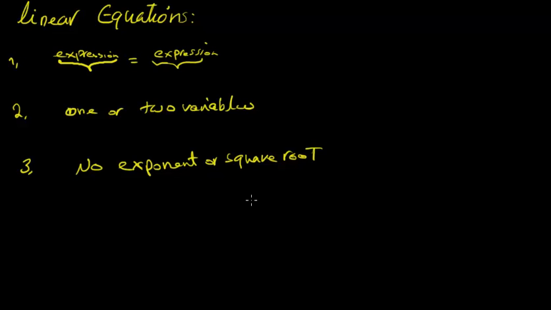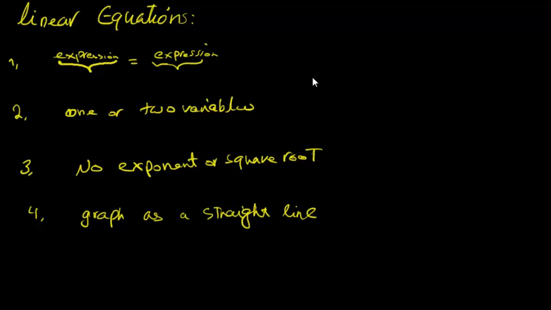And when you find pairs of values that make the linear equation true and you plot those on the coordinate grid, all of the points for any one equation lie on the same line. So a linear equation's graph is a straight line. So these are the specifications of a linear equation.